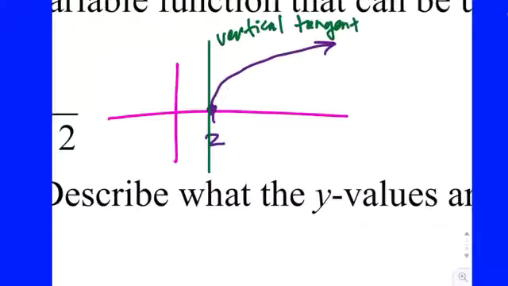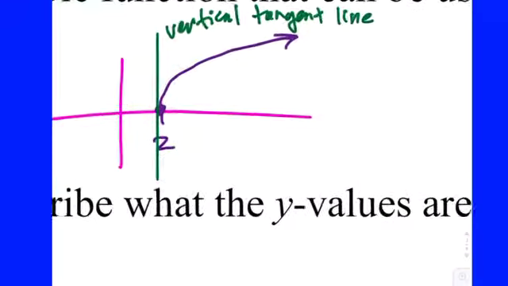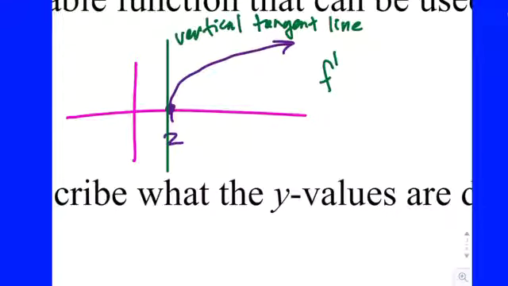Just like the parabola would have a horizontal tangent line there. This has a vertical tangent line at x equals 2, and so the slope doesn't exist, right? The slope doesn't exist. And therefore, the derivative, we're calling this one f, the derivative at 2 should also not exist. It should be infinity, right? The slopes are positive as you go to the right.